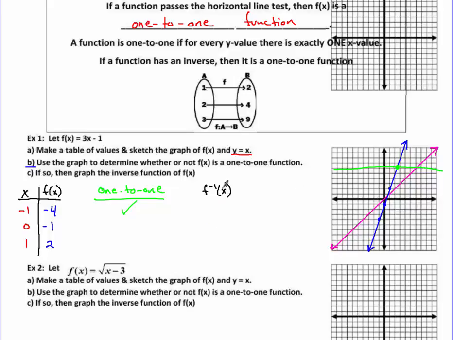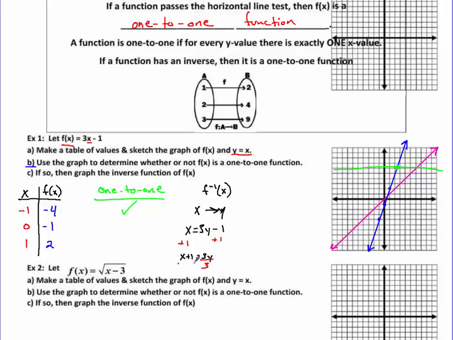So to do our inverse function, we need to do what we said and switch the x and the y values. So instead of y equals 3x minus 1, we're going to write x equals 3y minus 1. Remember, we just switch the x and the y, just switch places. So plus 1, x plus 1 equals 3y.